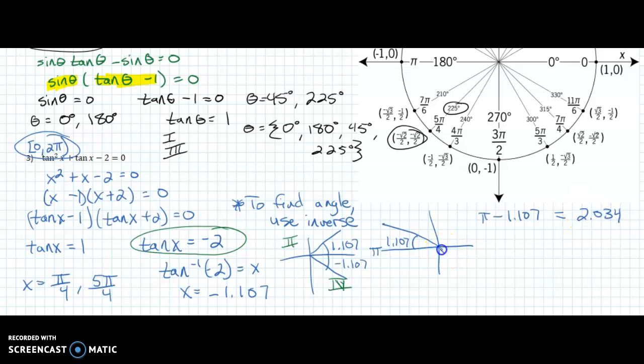And then to find an angle in quadrant 4, I have to subtract it from 2 pi. 2 pi would be all the way around, and so we do 2 pi minus 1.107, which gives me an angle of 5.176.